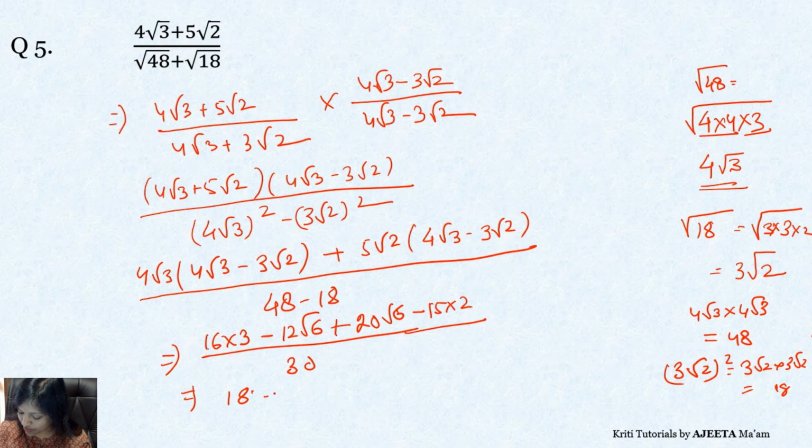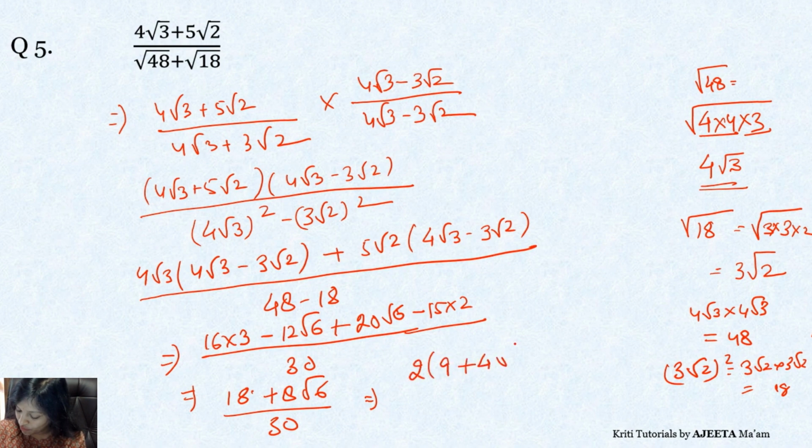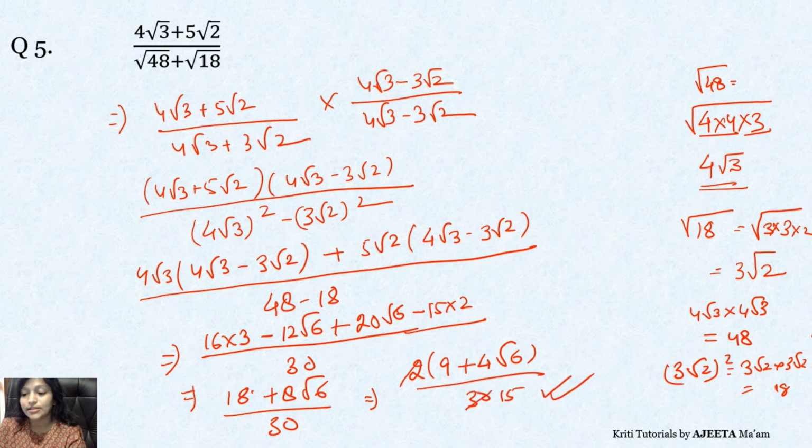Now 20 minus 12 is 8 root 6. Now is this the final answer? No. We can still take a few factors common from the numerator and cancel them with the denominator. So let's take 2 common. So we get 9 plus 4 root 6 upon 30, which becomes 15. So this is our final answer.